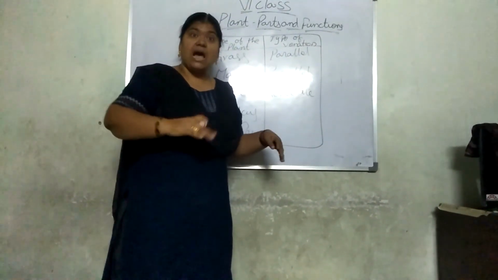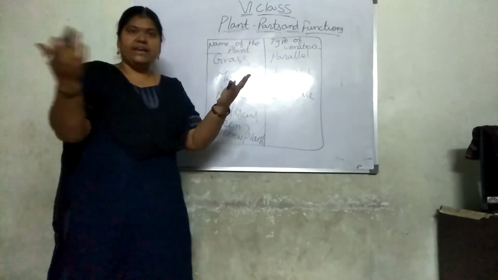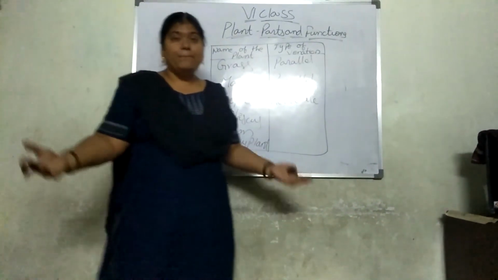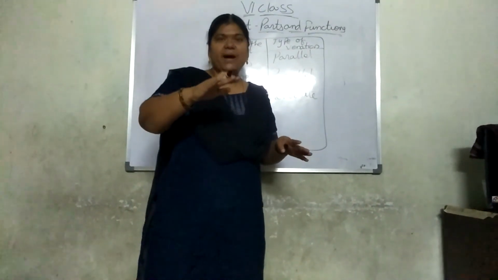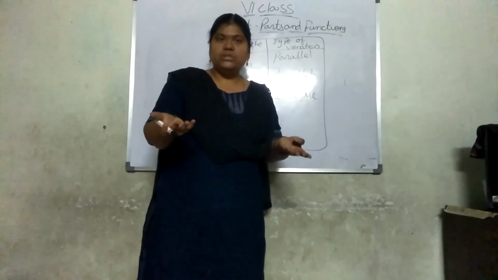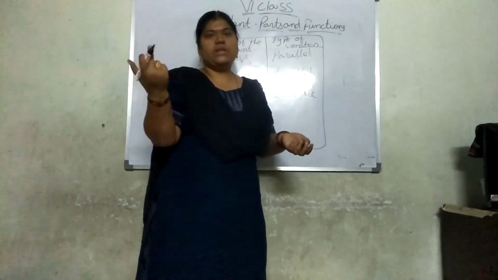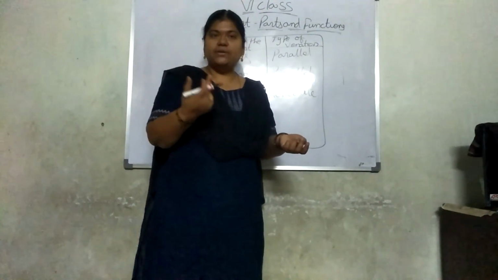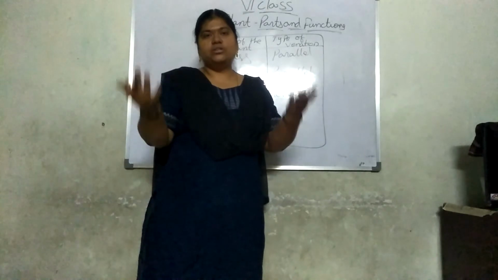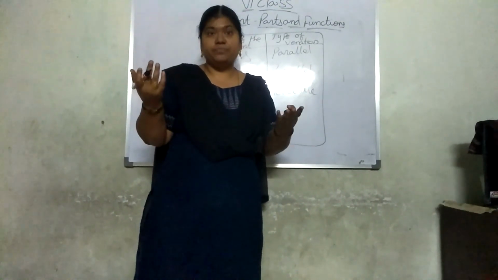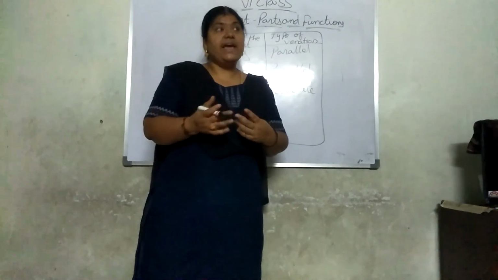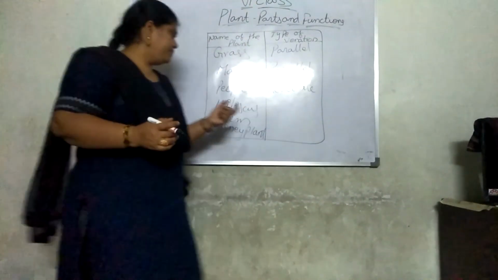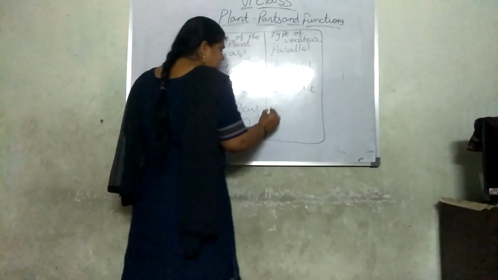It goes under the houses also. If you want to uproot the peepal tree, it is not at all possible. Only the trunk part you have to cut. The roots are so strong, expanding in the soil.